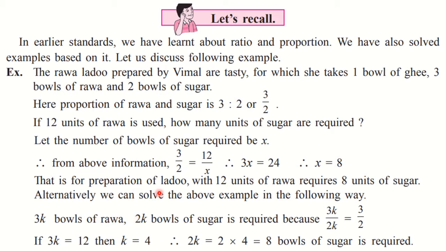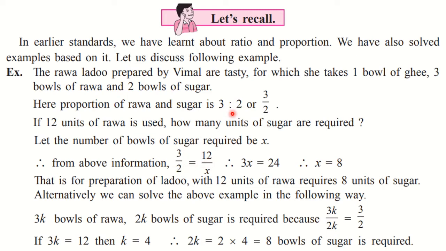Now here, for 12 units of rava and 8 units of sugar, if we multiply 3 by 4 we get 12, and if we multiply 2 by 4 we get 8. That means if we multiply the two numbers in the ratio by the same number, we get another ratio which is equal.